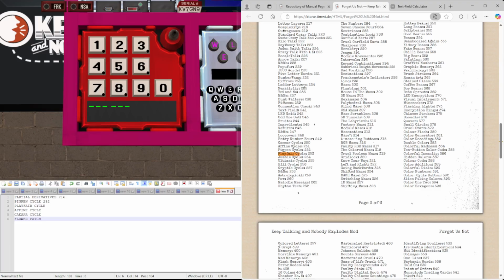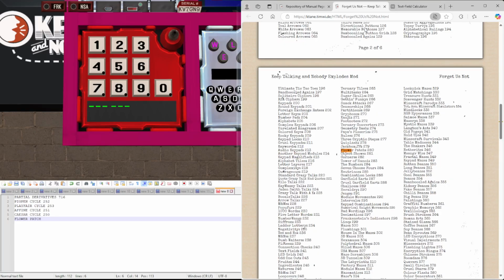Playfair, Cycle, Affine Cycle, U Cycle, Flower Patcher. Right, okay.